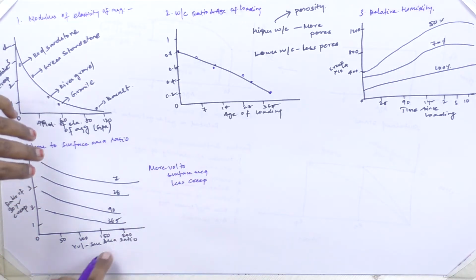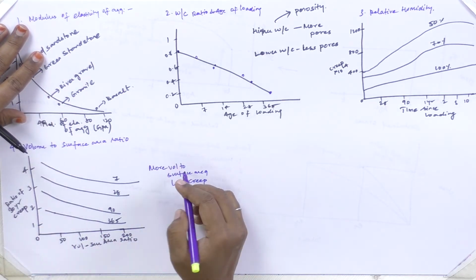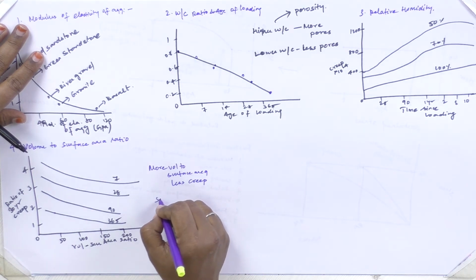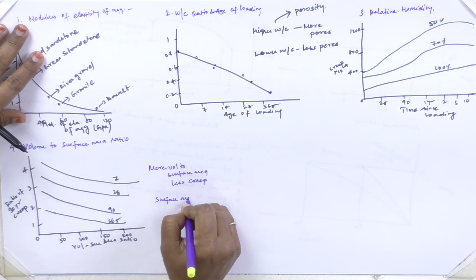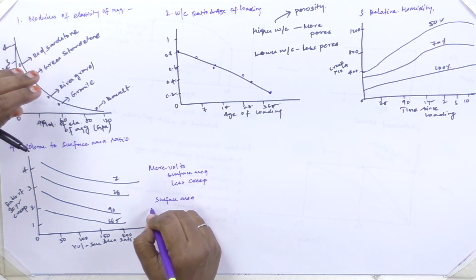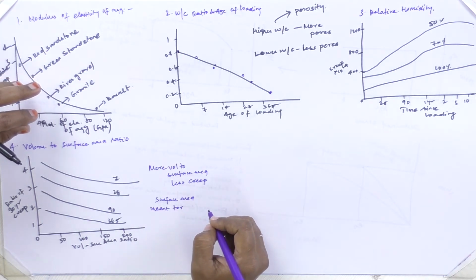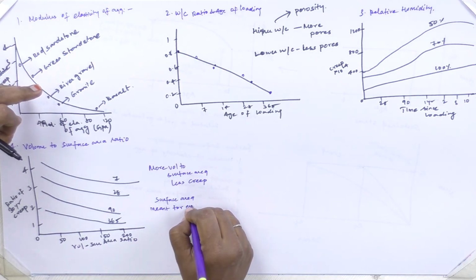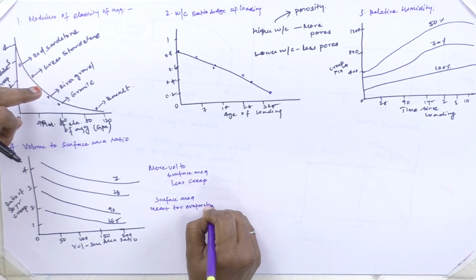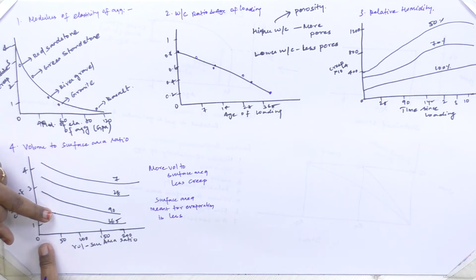Why does more volume to surface area exhibit less creep? The surface area meant for evaporation is less when compared to that of the low volume to surface area ratio.